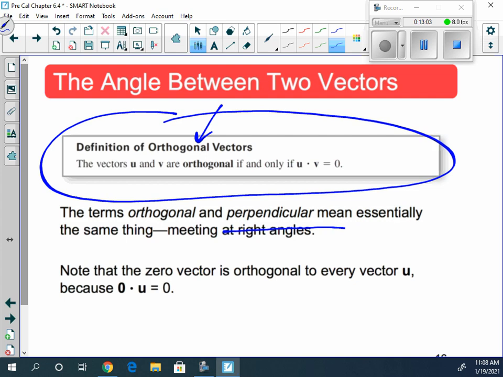Perpendicular and orthogonal are kind of interchangeable, or essentially mean the same thing. There are probably some cases, not that I can think of off the top of my head, where the meanings might change, most likely if we're dealing with different number systems or different concepts. But most likely, they're essentially the same thing. Note that the 0 vector is orthogonal to every vector u.